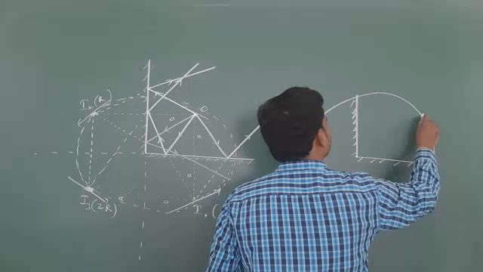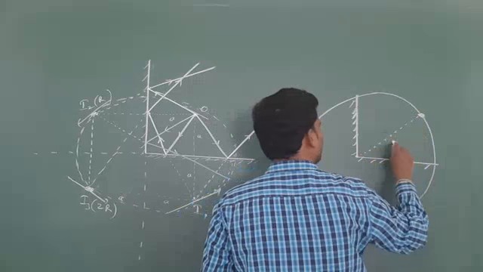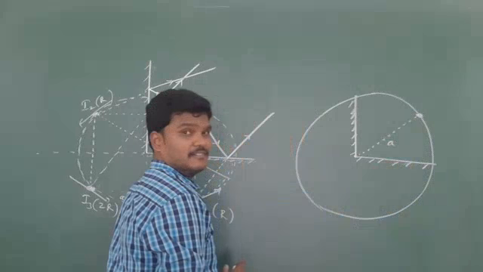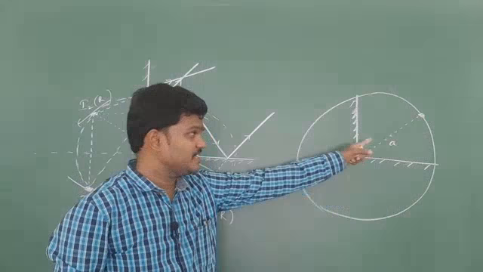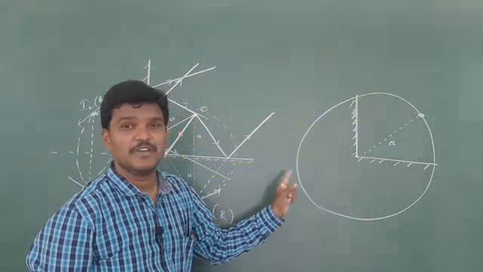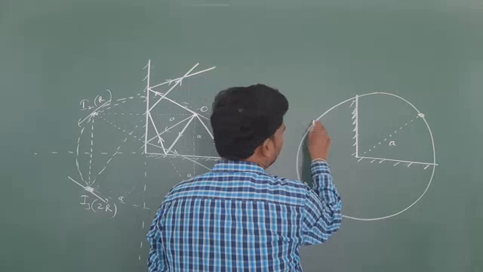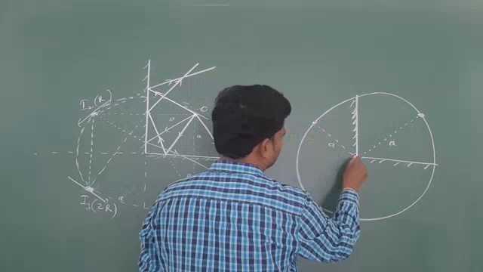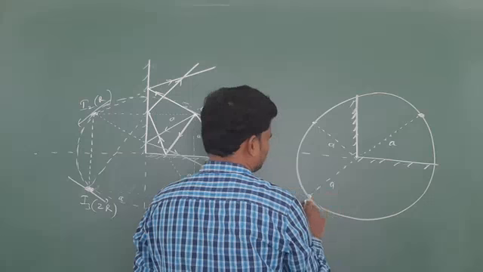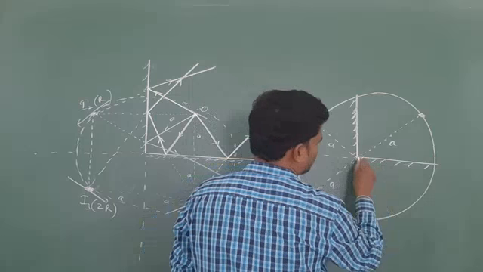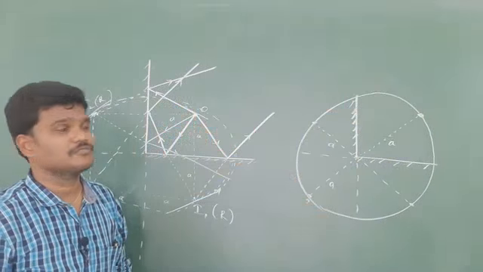Whether the object is symmetric or asymmetric, if it is at a distance a, which is the distance between the object and the intersection of the mirrors, that a is the radius of the imaginary circle. The image is also formed here. See, all images are formed along the circumference of the circle.